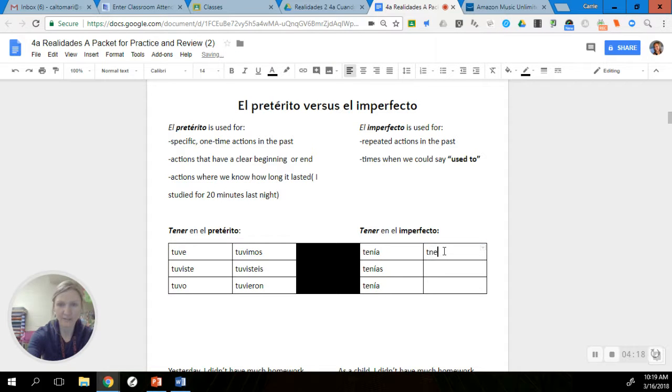The nosotros is teníamos, vosotros teníais, y ustedes, ellos, ellas tenían. And yes, these are all con acentos. So I will bold all my I's here because all of those I's have an accent on them. Okay, so we've got tenía, tenías, tenía, teníamos, teníais, tenían. So that is your difference between those two.